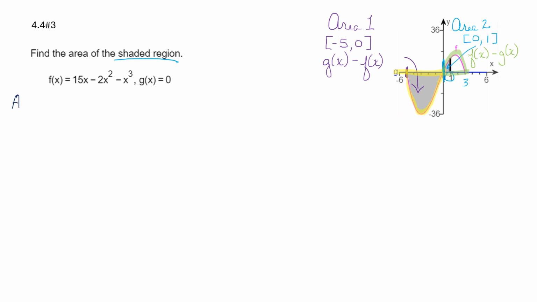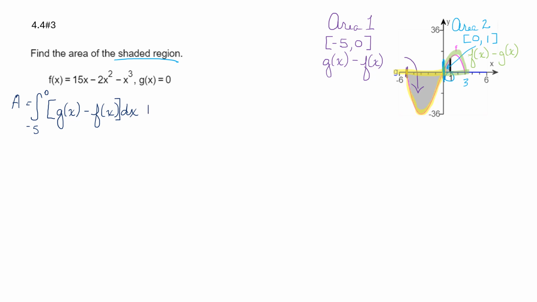So the area will equal the integration of area 1, where we're saying g of x is subtracting the f of x dx, and notice that we used from -5 to 0, and it's so easy to leave out a parenthesis or a bracket, so try to go slow.